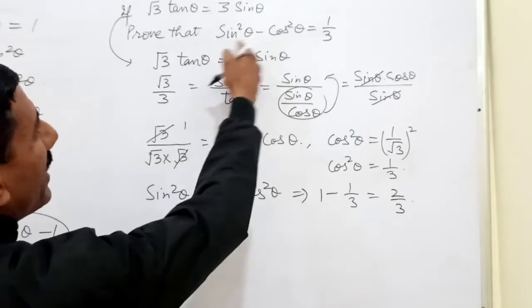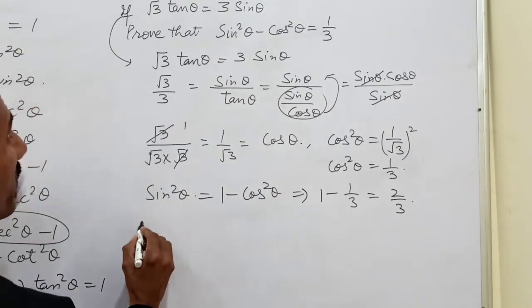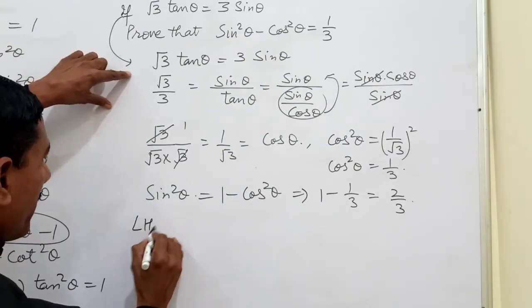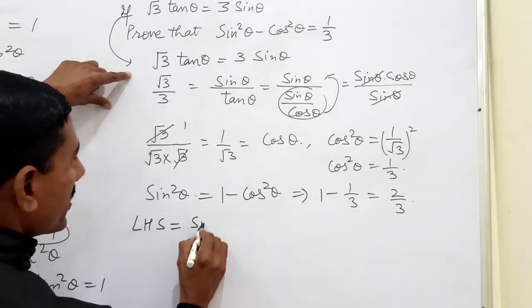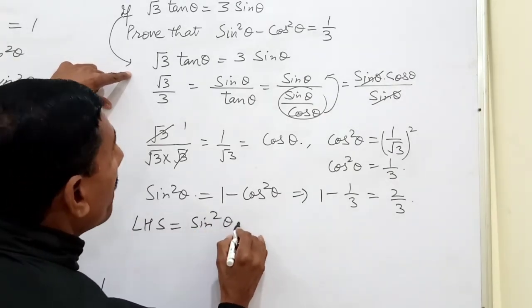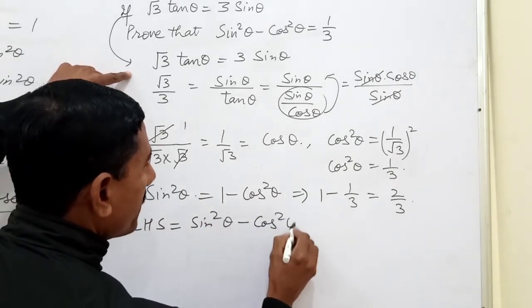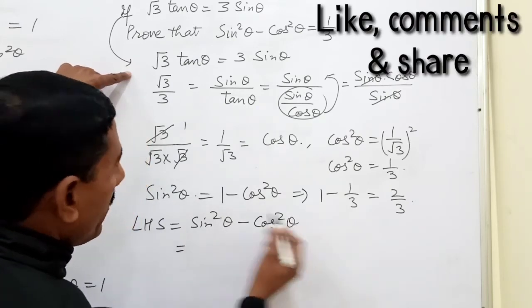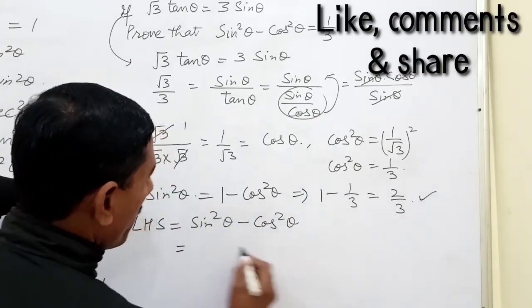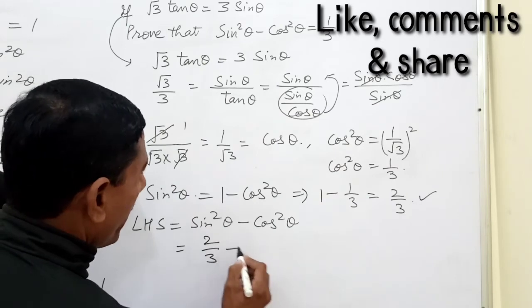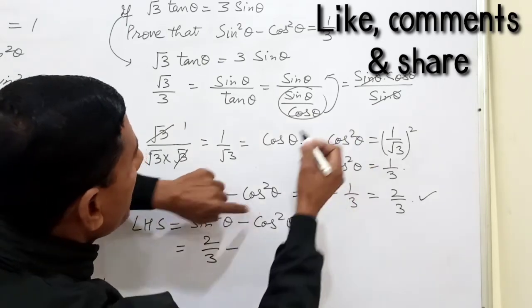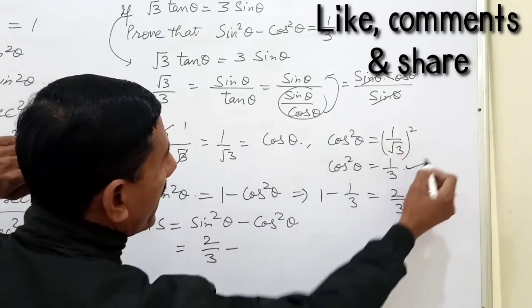Now put the values in the left hand side of the proof part. What we have is sine square theta minus cos square theta. Sine square theta is equal to 2 upon 3, minus cos square theta, which is 1 upon 3.